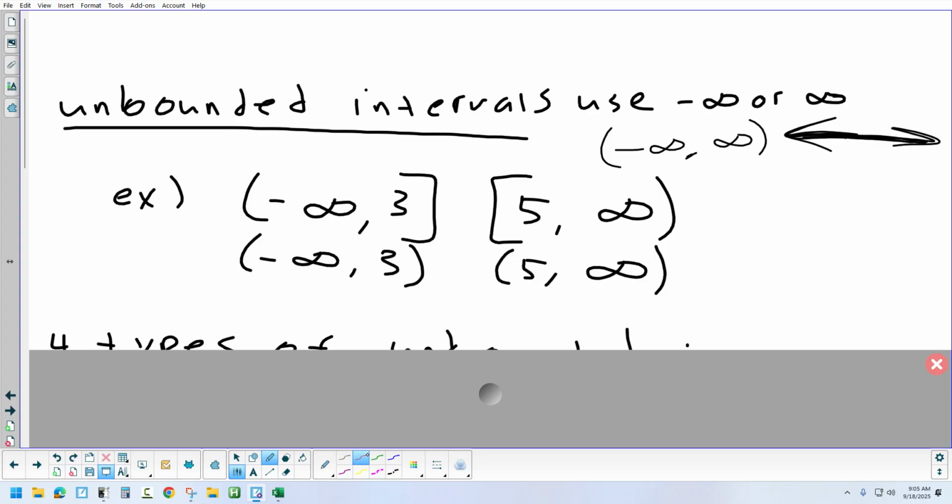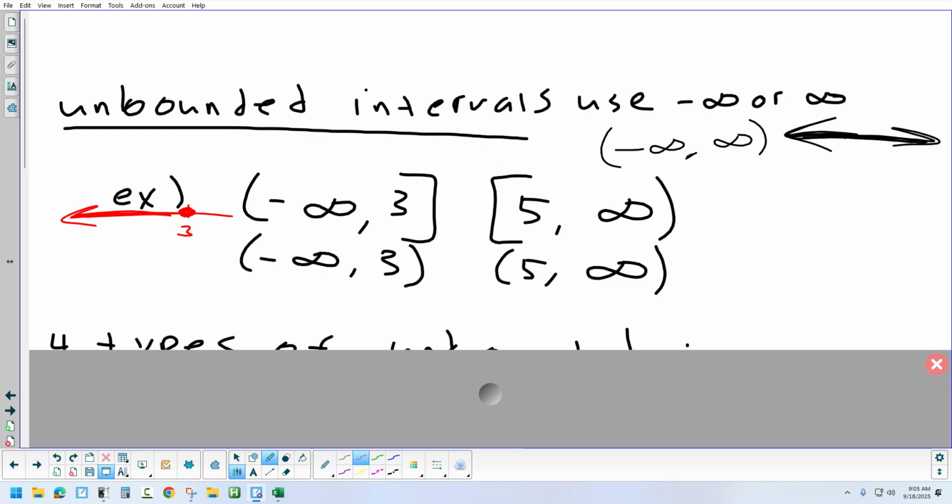Okay. So I'm not going to draw all of them, but this one in the upper left, that would be shading everything from 3 going down forever. The one below it is from 3 and down, but it would be an open circle on the 3. You would not include it. Okay.